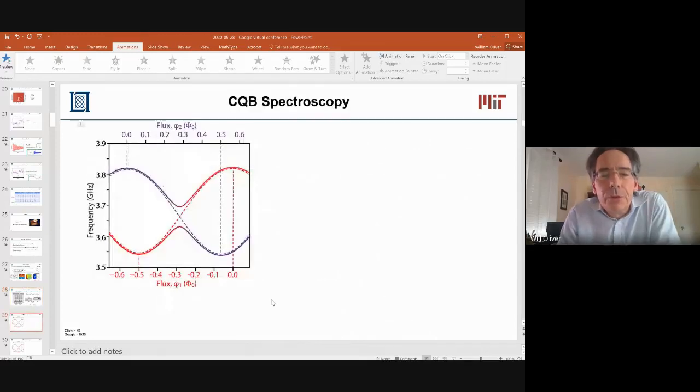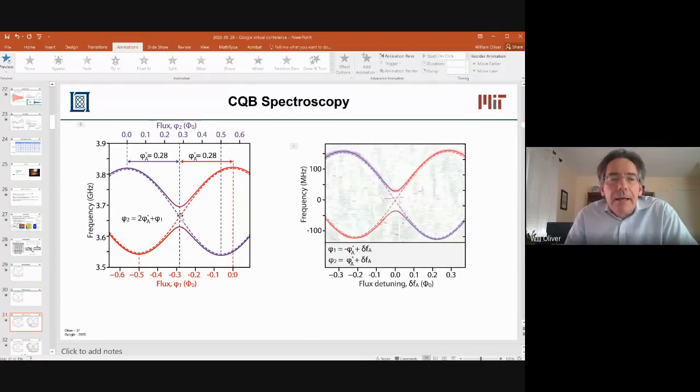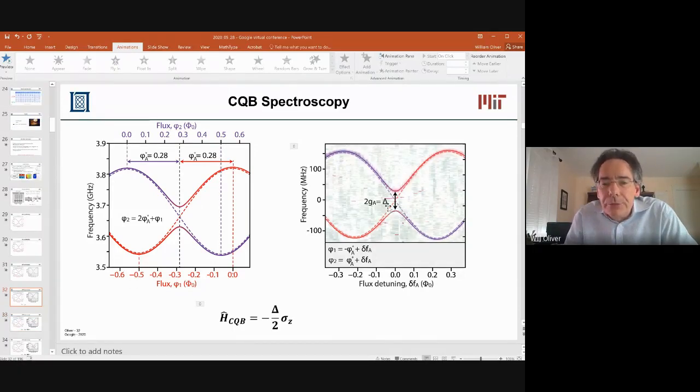Now, for the qubit spectroscopy, basically what we do is we have control over these two independent underlying qubits, and we can bias them basically wherever we want to create an avoided crossing when those two qubits become resonant with one another. Okay, and so that's going to be our qubit, and the splitting that we have here in this case was about 50 or 60 megahertz, but again we can choose that based on the capacitive coupling.